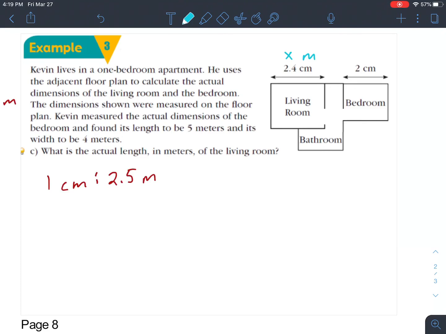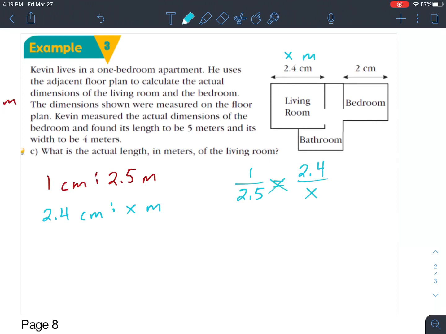Our scale is right here, and then the second ratio that we're going to use is the 2.4 centimeters to x meters. We'll set this up as 1 over 2.5 equals 2.4 over x, and we will cross multiply.